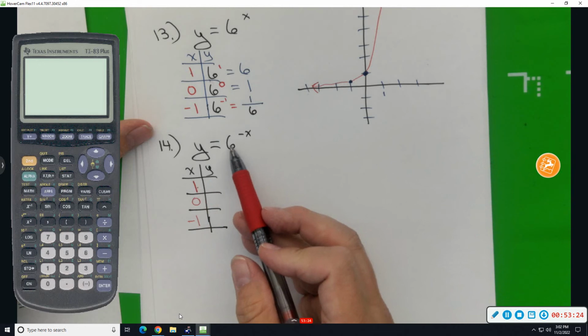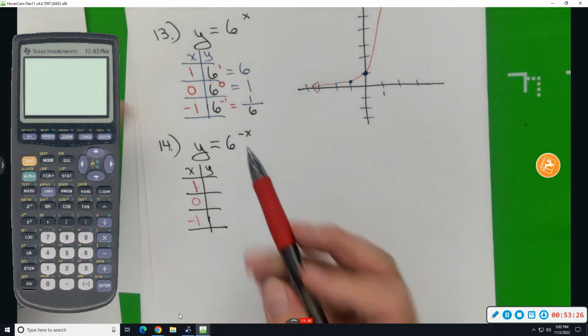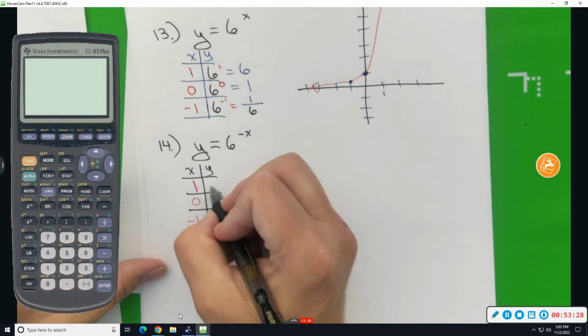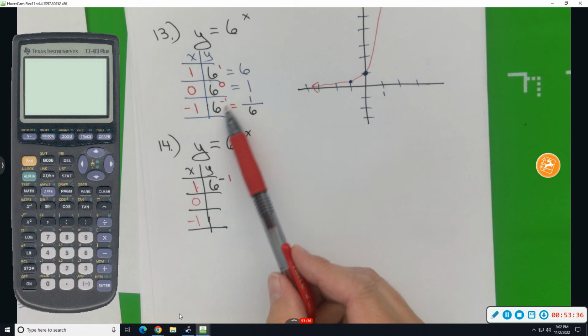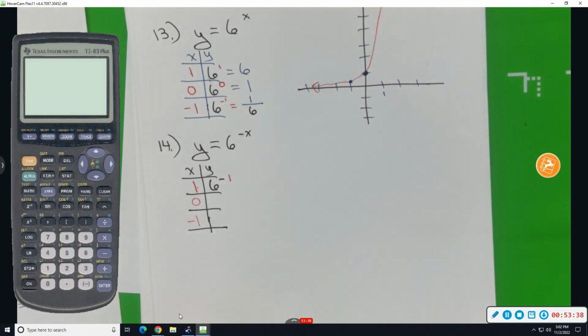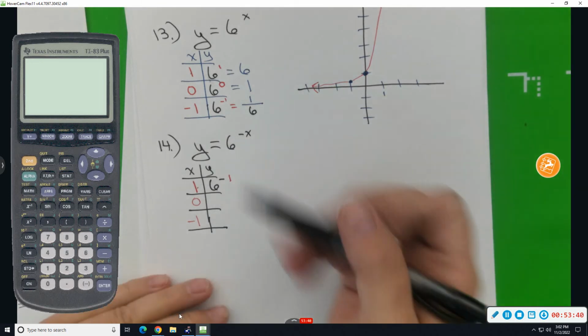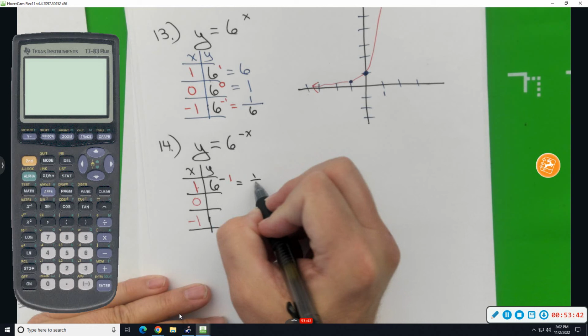Plugging in a 1. Hey, don't forget that black negative. We're going to get 6 to the negative 1 power. I think we just saw that, didn't we? 6 to the negative 1. What was that? 1 over 6? Yeah, I agree.